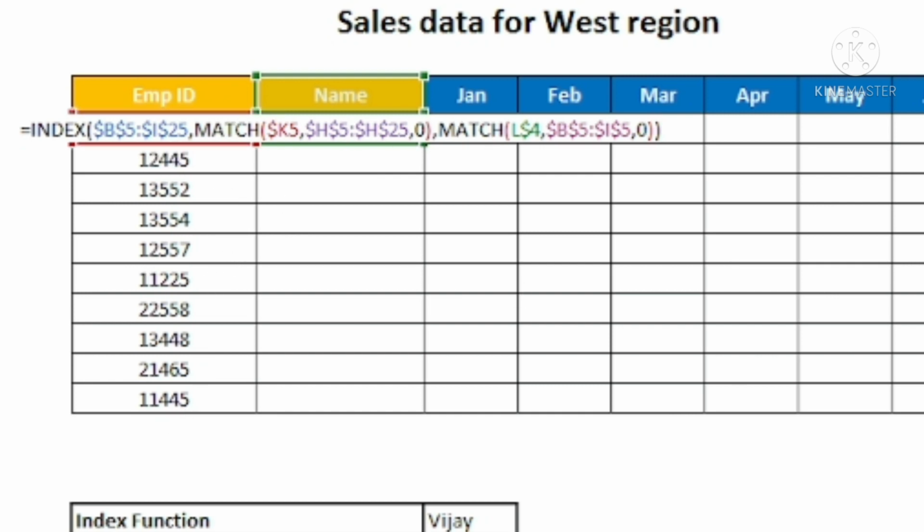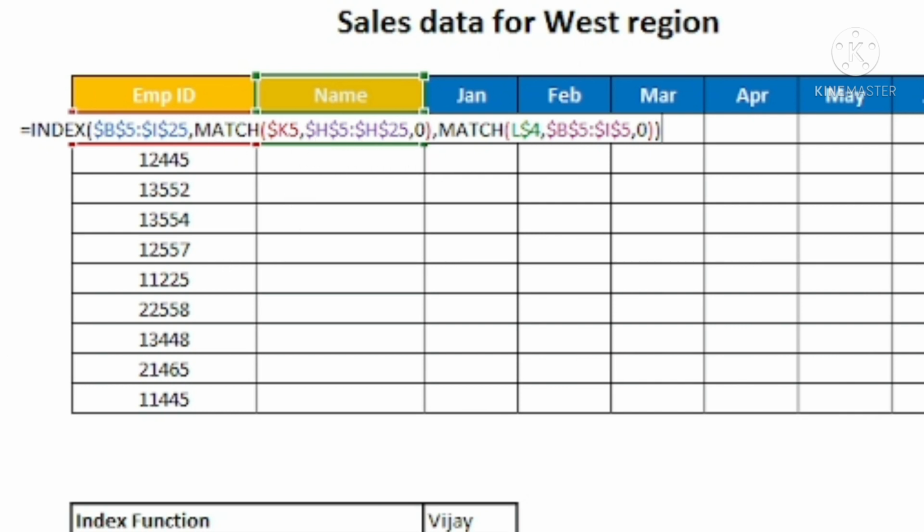When I copy formula from left to right, it should not move from employee ID to name. So I will lock this particular employee ID in this formula only on the column side, because row I kept free. For that I have pressed F4 3 times, then comma, then array for match function.